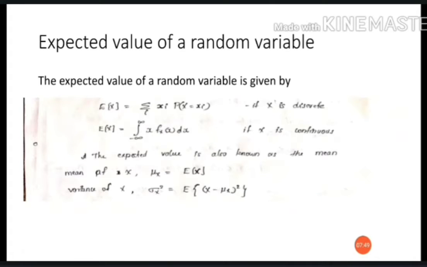Another factor is the variance, sigma x squared, equal to E of (x minus mu x) squared. In one word, the expectation or mean is the value we can most expect from the entire random process, and variance is almost like the deviation from the mean value.